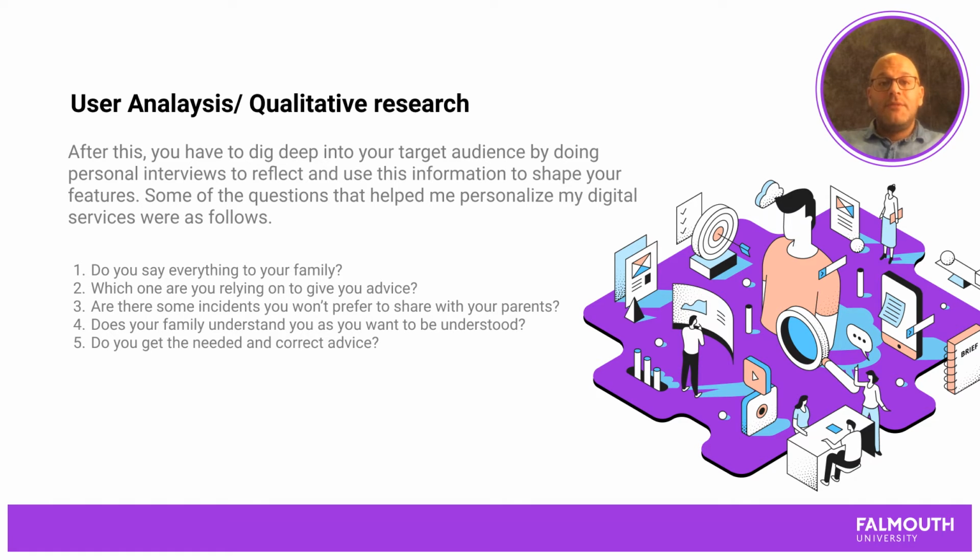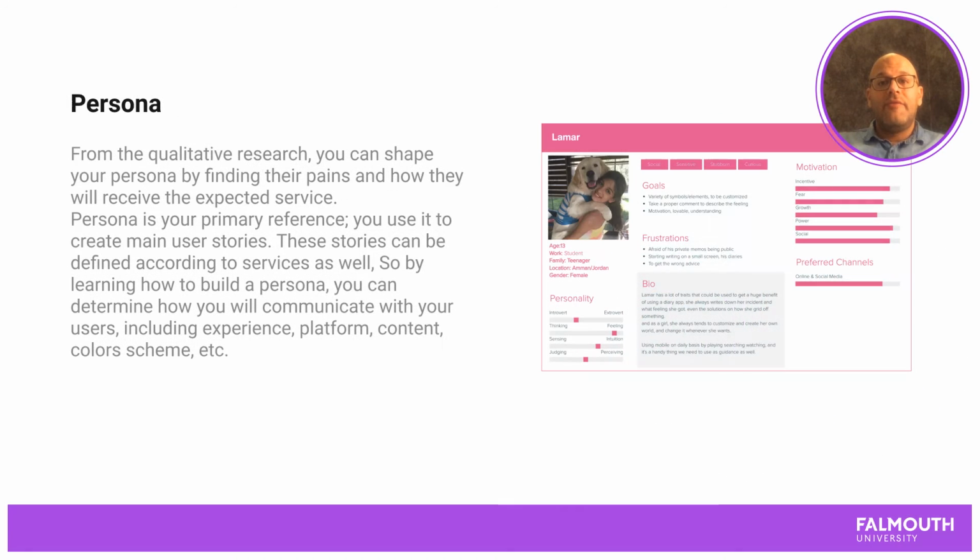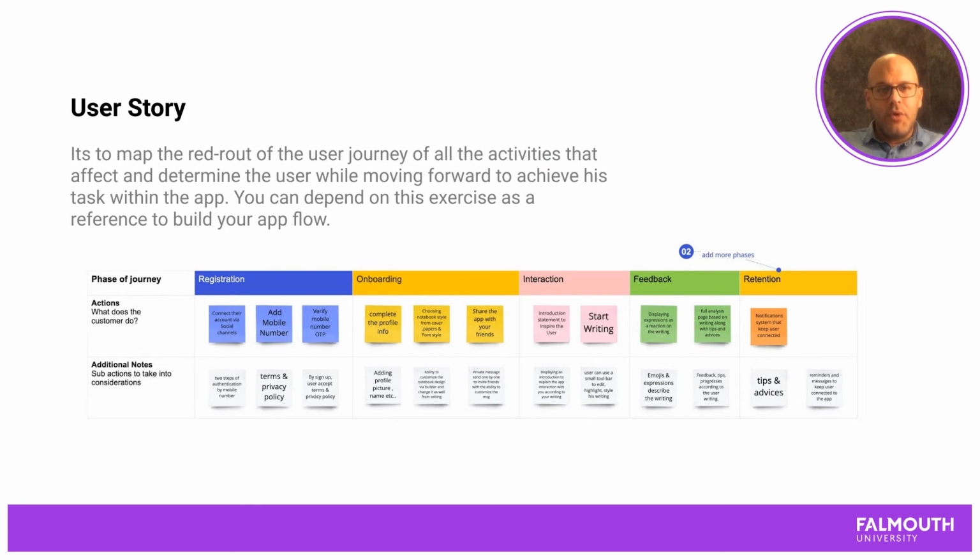Now, the outcomes from your research are very solid. You can find the persona that is the primary reference for you and for your feature set. So you can build the needed functions from the user story to achieve the expected service.